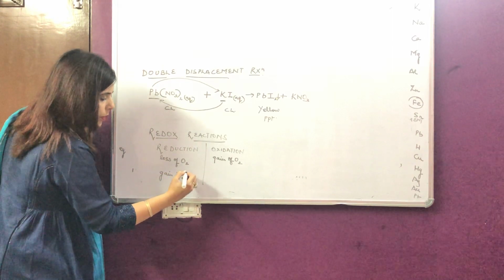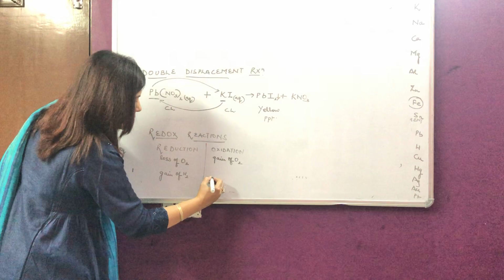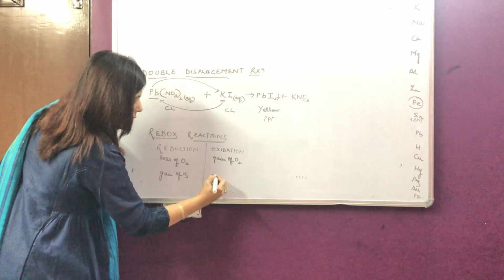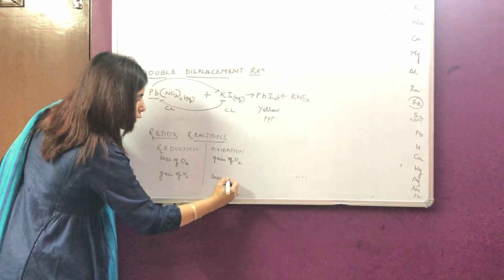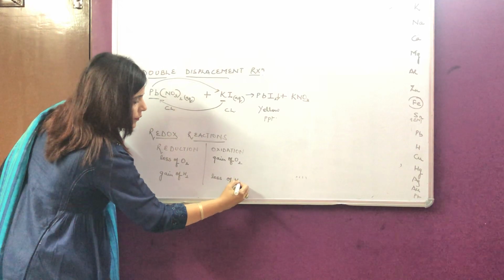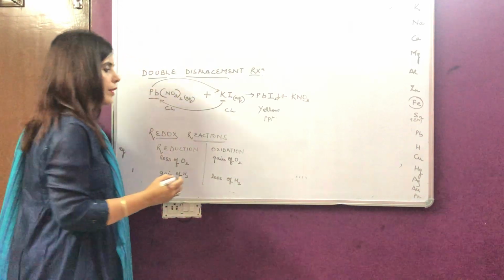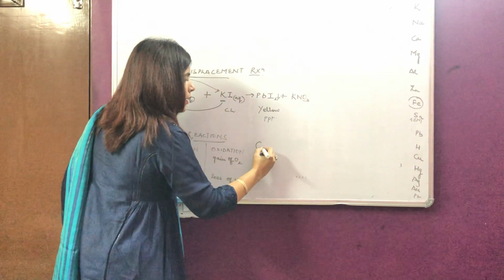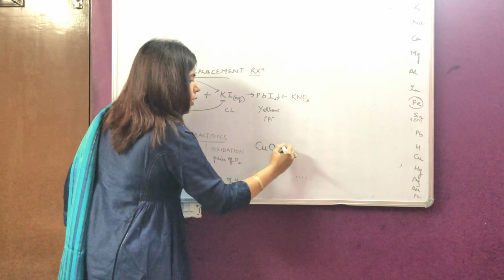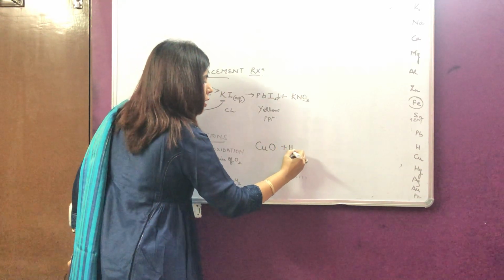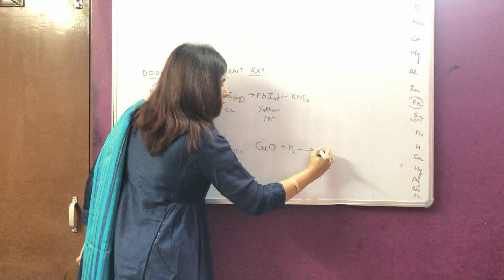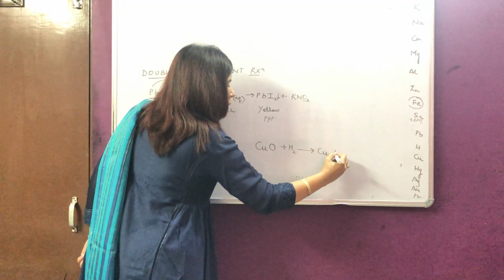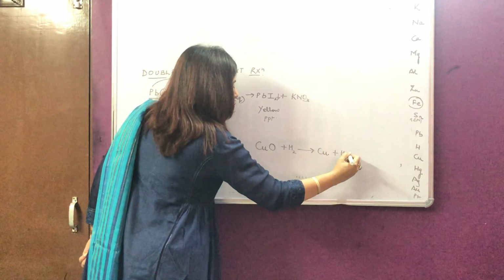This is though a very primitive method of classifying this, but let us first learn through this. Example: CuO plus H2 react to give Cu plus H2O.